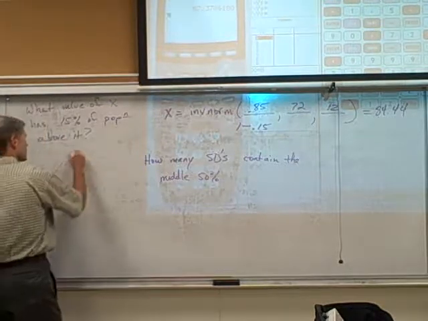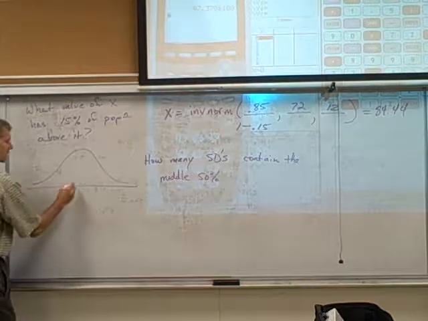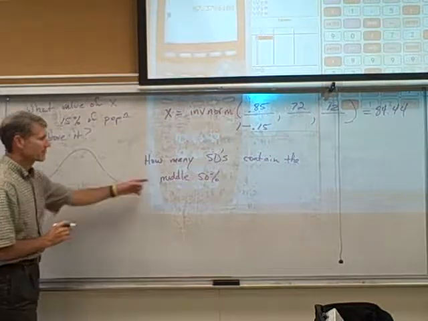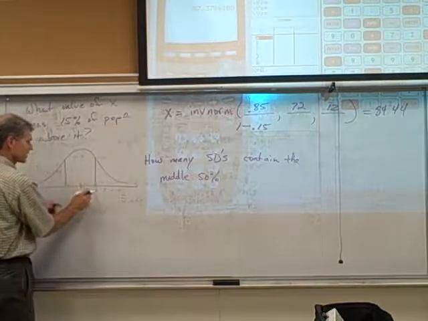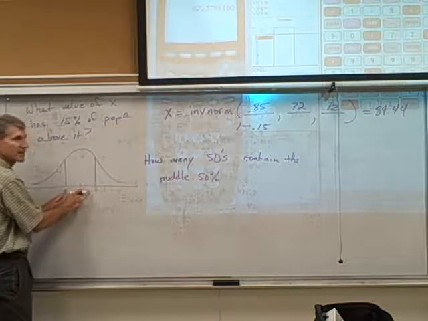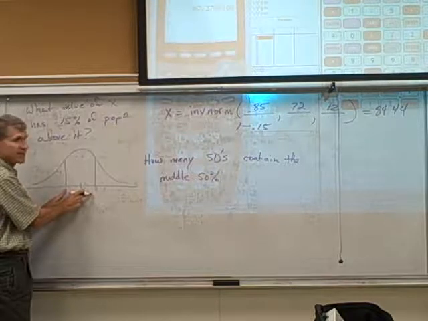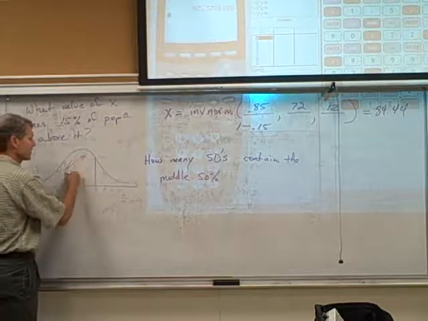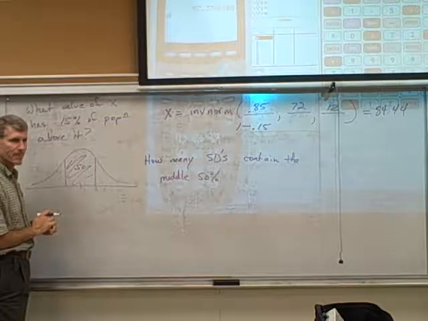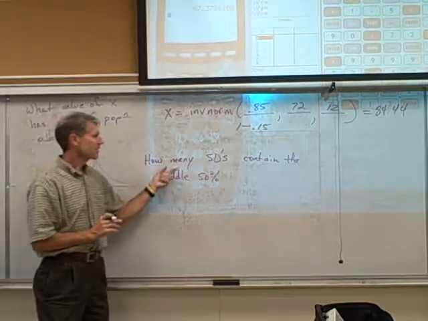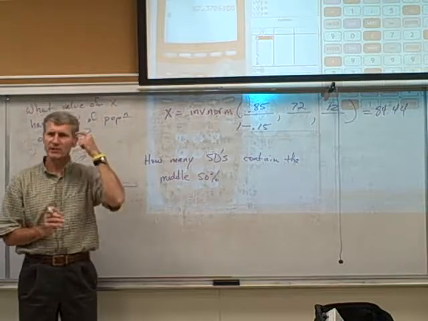Well, I'm going to draw a normal curve. I want the middle 50%. So that's in there. And I know it's less than one standard deviation on each side, because one standard deviation would take me to 68. So I want this area to be 50%.